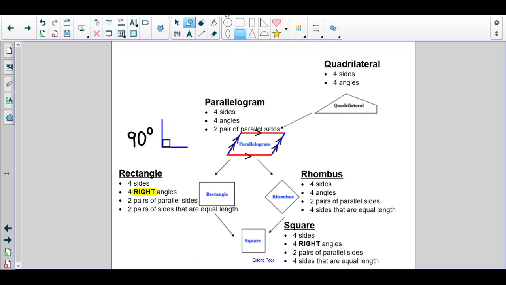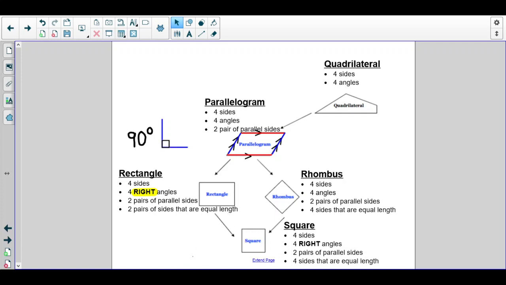And we even use that symbol, that little square, showing that that is a right angle, 90 degrees. So in our example right here with the rectangle, four right angles, two pairs of parallel sides, which is the same as the parallelogram, and two pair of sides that are of equal length.